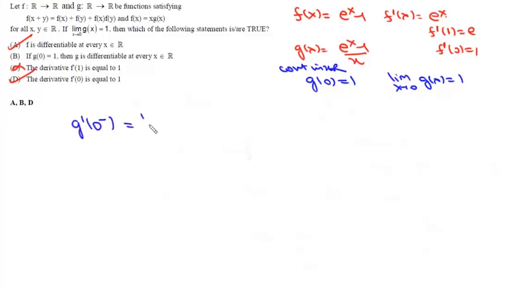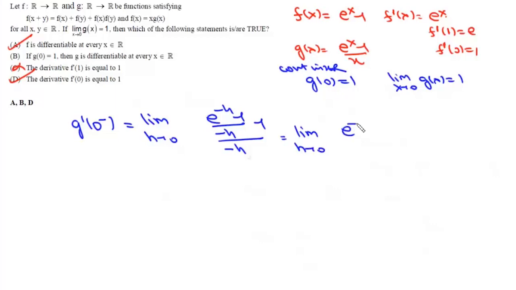g'(0) negative, it will be this limit as h tends to 0 of e to the power minus h minus 1 upon minus h, minus 1, upon minus h, and it will be this limit as h tends to 0 of e to the power minus h minus 1 plus h upon h square.